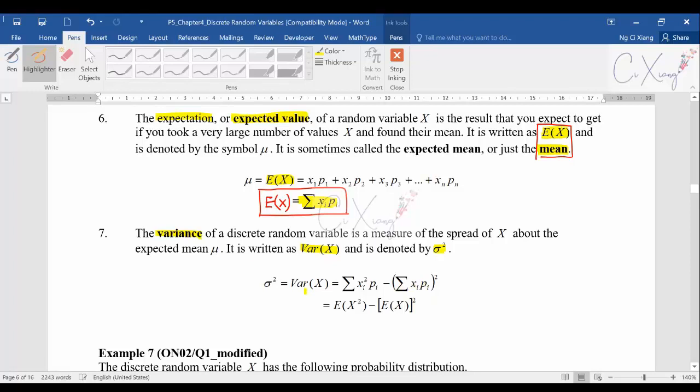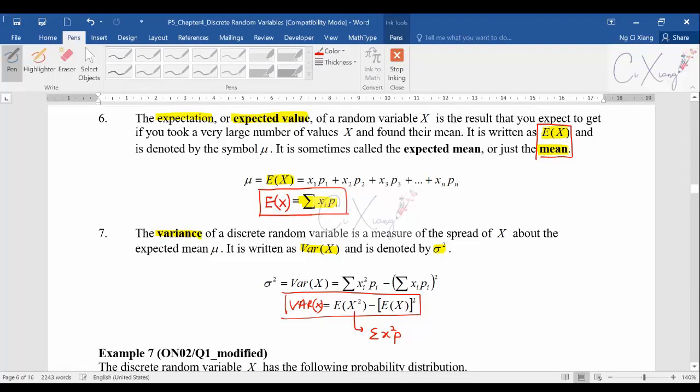In short, the variance formula is E(X squared) minus mean squared. E(X squared) means you take X squared multiplied with P and then add them together. These two are the main formulas that we are going to use in our examples later.